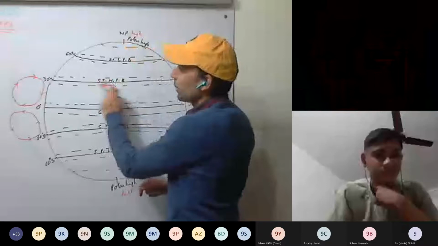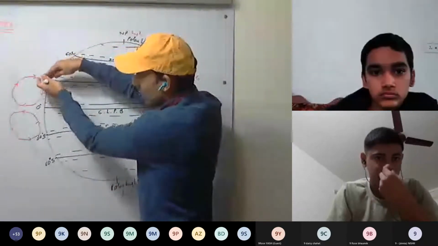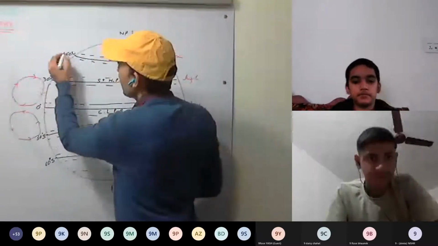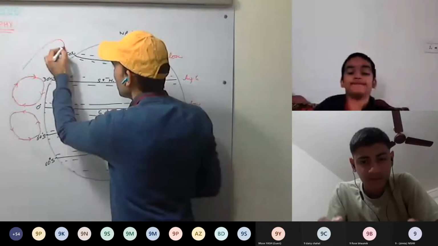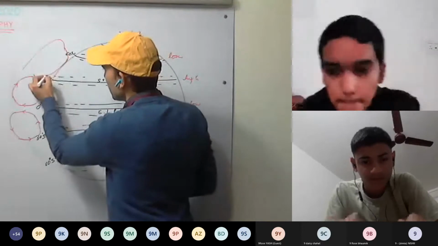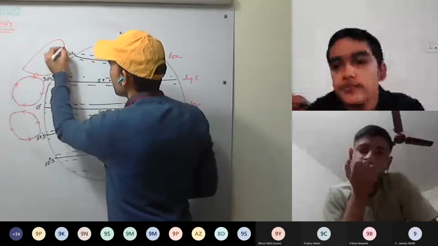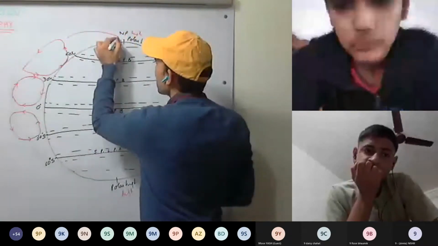At the subtropical high pressure belt, it descends, and here high pressure will be formed. It spreads out in the lower atmosphere. So this is one cell. Second cell here is formed. And third here.